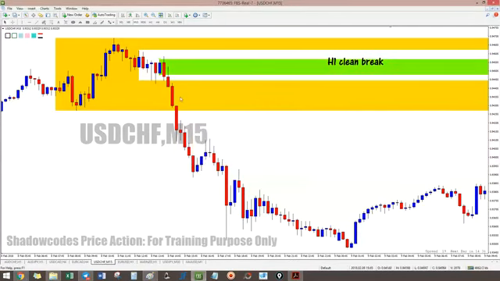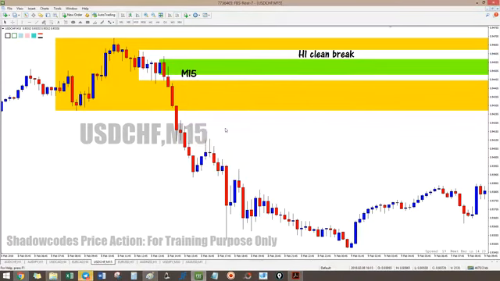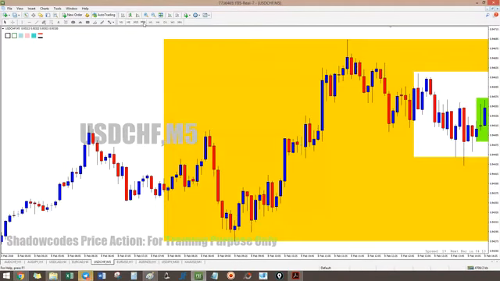So this one is H1, this orange, gold color is H4, and this green color is M15. M15 clean break, but it is not fresh anymore, but it can still hold the price.